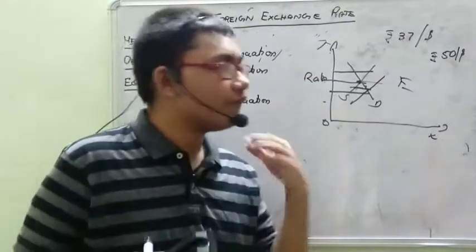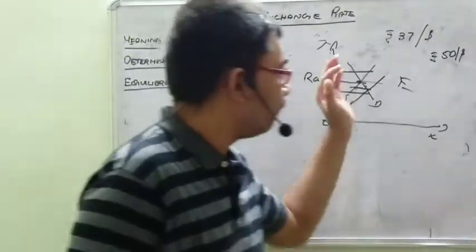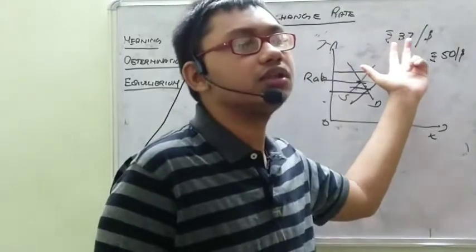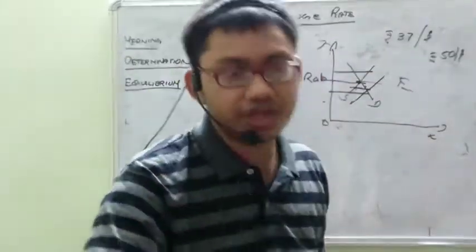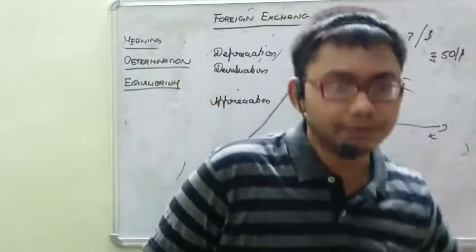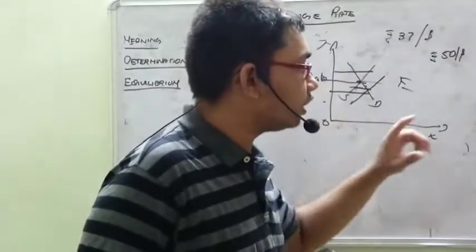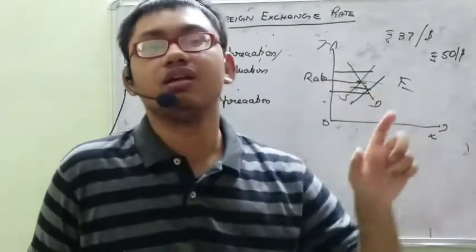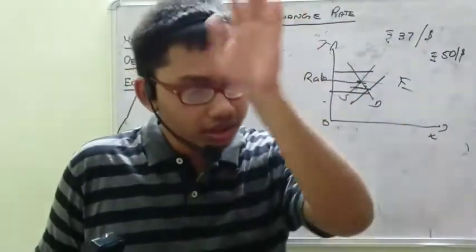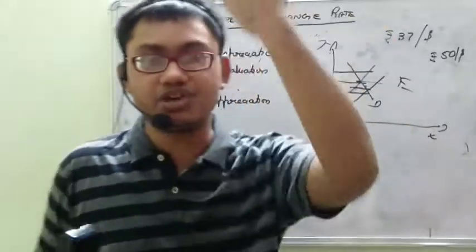Confusing, right? Simple example: when the price of dollar increases from rupees 37 to rupees 50, dollar has appreciated and rupee has depreciated. But if the opposite happened, if price of dollar falls from 50 to 37, it means dollar has depreciated and rupee has appreciated.